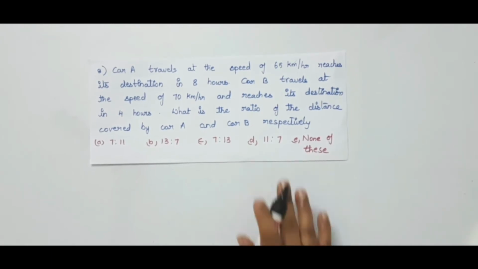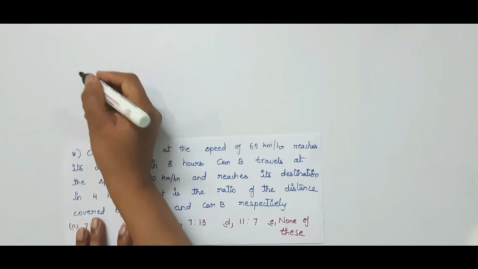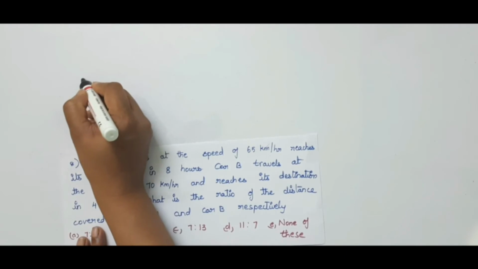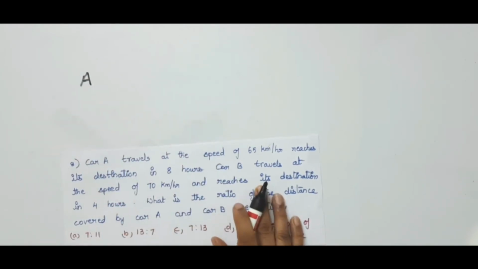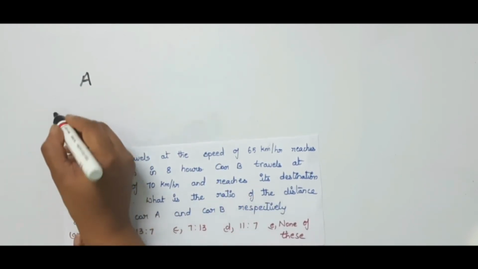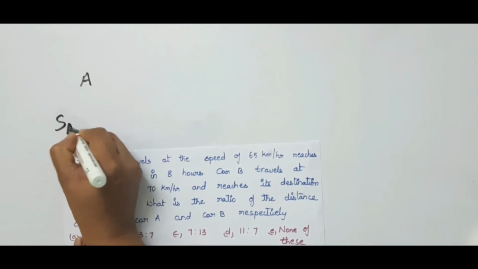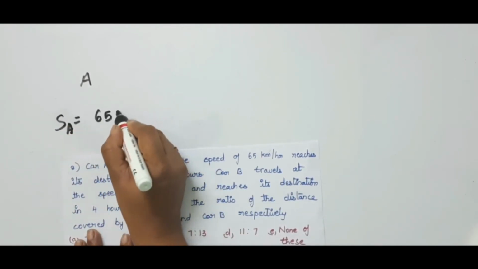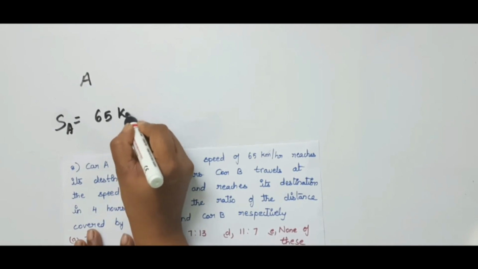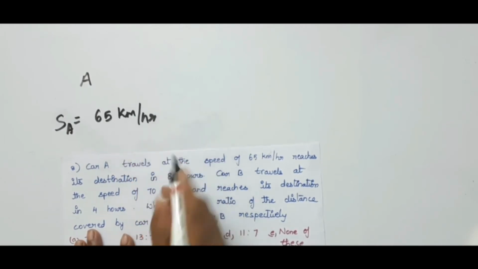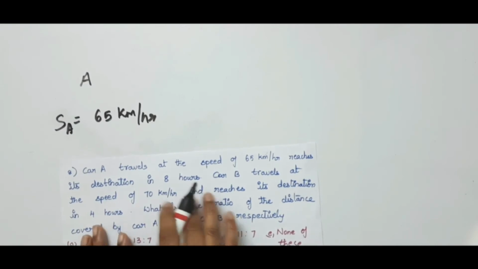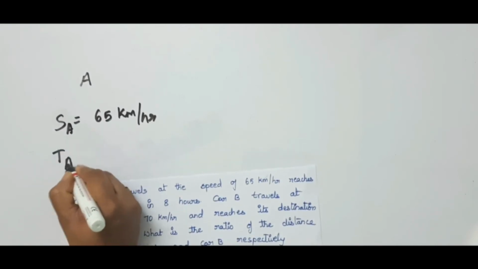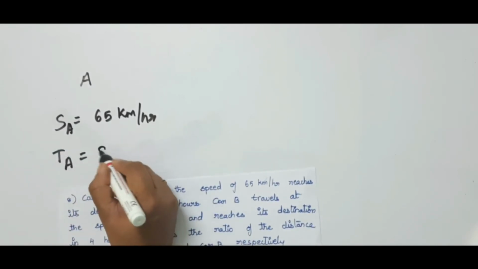So in this problem he has given for car A, speed is equal to 65 kilometers per hour. Destination in 8 hours. So time is given as 8 hours.